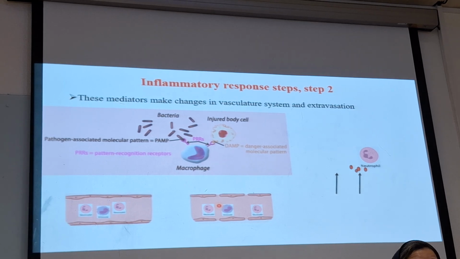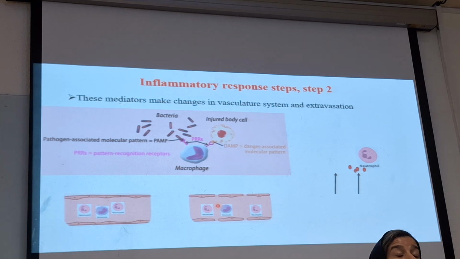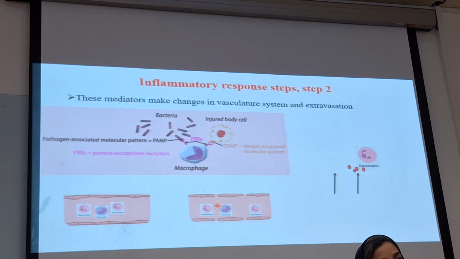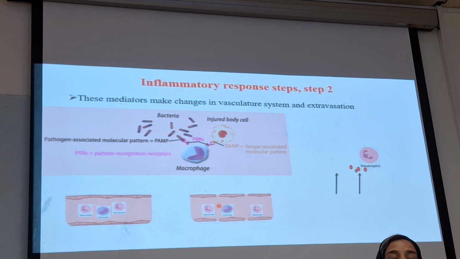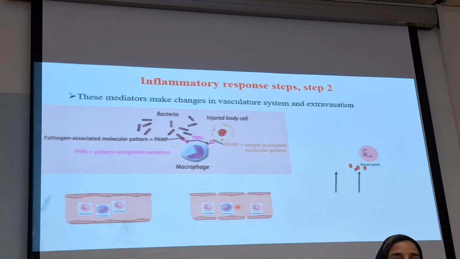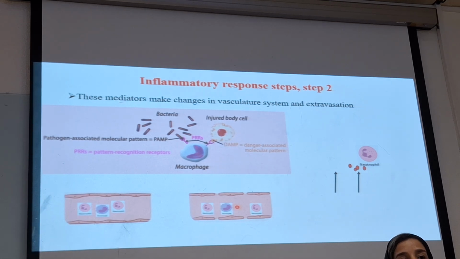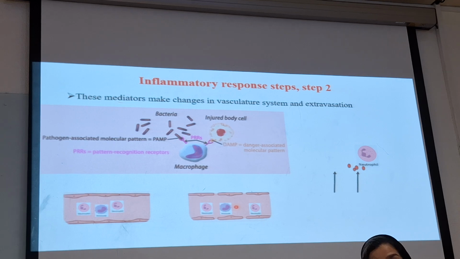After relaxation of these smooth muscles, the blood vessels undergo vasodilation, okay? And vasodilation means the blood volume is increased and blood flow is slowed down, okay? And so it leads to redness because of increased blood volume, and also heat in the site of inflammation.